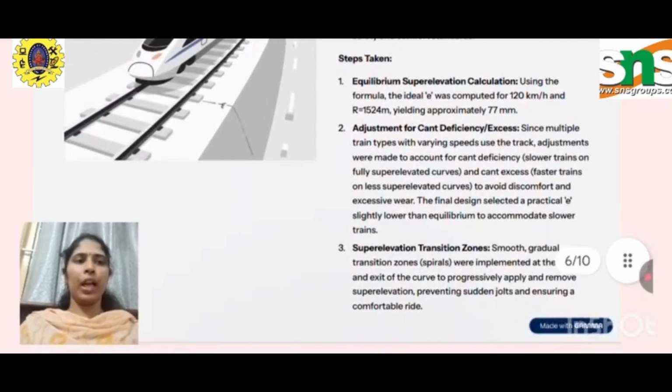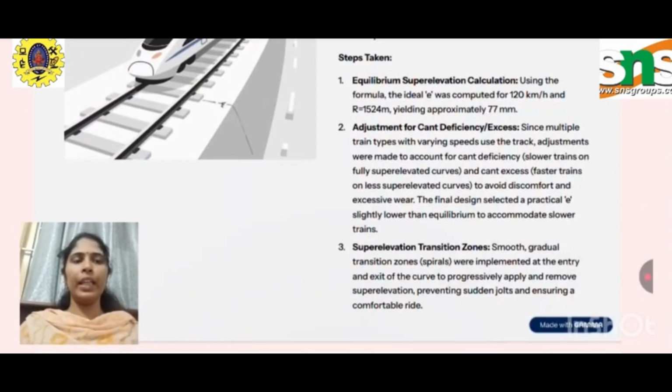Next, steps taken. Equilibrium elevation calculation: using the formula, the ideal E was computed for 120 km per hour, and adjustment for cant deficiency exists. Since multiple train types with varying speeds use the track, adjustments were made to account for cant deficiency and cant excess to avoid discomfort and excessive wear.